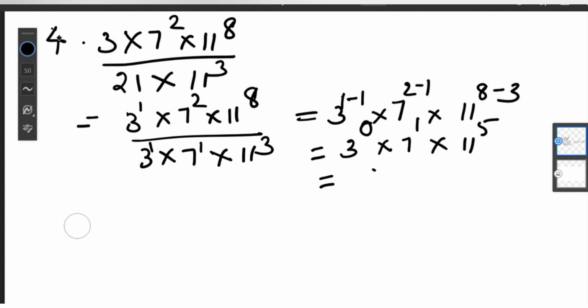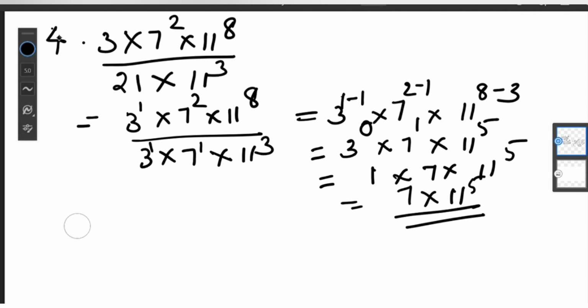That is equal to 3 to the power 0 into 7 to the power 1 into 11 to the power 5. 3 to the power 0 is 1, 7 to the power 1 is 7. So our answer is 7 multiplied by 11 raised to 5. Okay, we have to make the question unique, and for that we have to simplify it first.